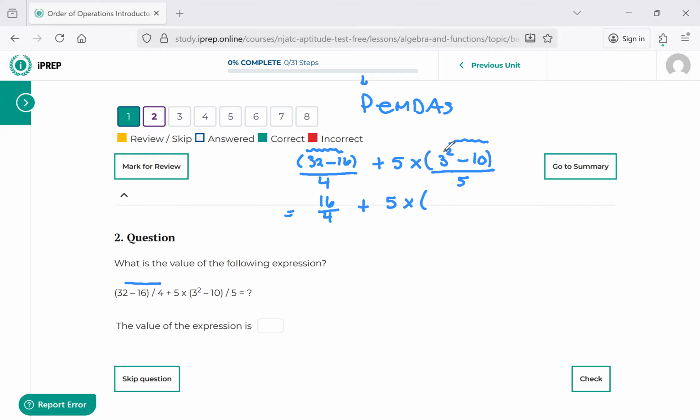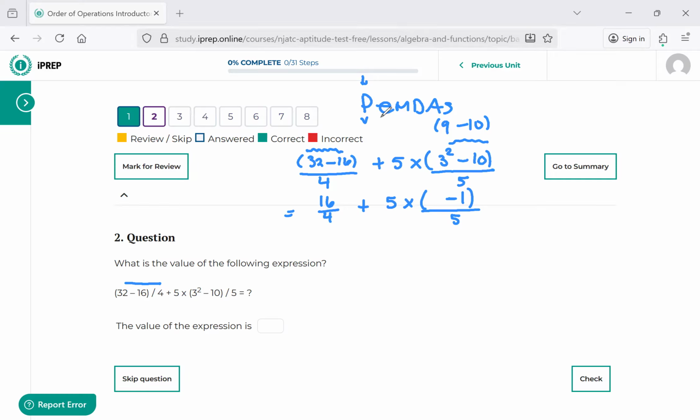So you do that first. What's 3 squared? 9. Do we have a multiplication? No. Division? No. Addition? No. Subtraction? Yes. So what is 9 minus 10? -1. And then it's all over 5. Only this 5 is all over -1. Okay. So we did the parentheses.